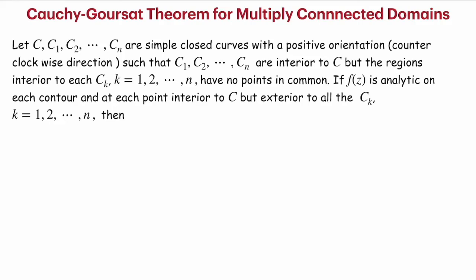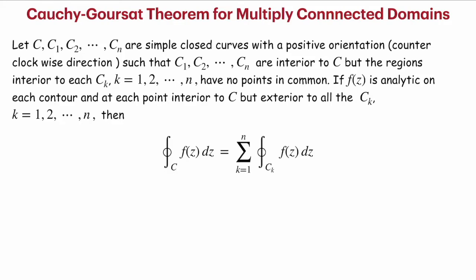That means they are all disjoint with respect to each other, and if f of z is analytic in each contour and at each point interior to C but exterior to all the Ck for k equal to 1 to n, then we have the integral over contour C of f of z dz is equal to the sum, k going 1 to n, of the integral over contour Ck of f of z dz.